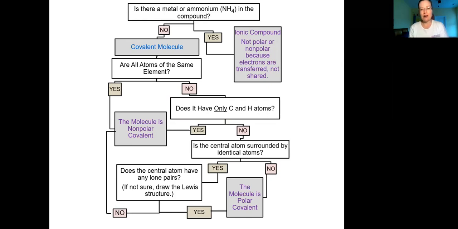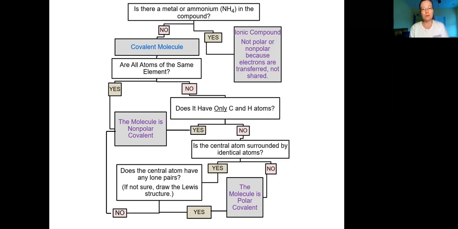Is the central atom surrounded by identical atoms? Why, yes. Yes, it is. The oxygen has 2 hydrogens on it. So let's go towards yes. Does the central atom have any lone pairs? Oh, yeah. Oxygen always has a couple of lone pair electrons on him. So yes, he has some lone pairs on him.